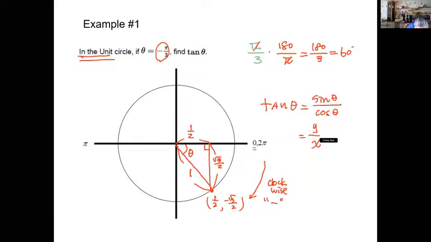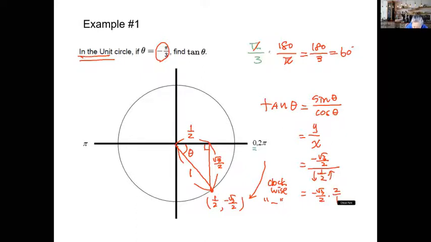So the y coordinate is negative radical 3 over 2, all over the x coordinate, 1/2. The next step, algebraically, we multiply the numerator by the reciprocal of the denominator, so negative radical 3 over 2 times 2 over 1.